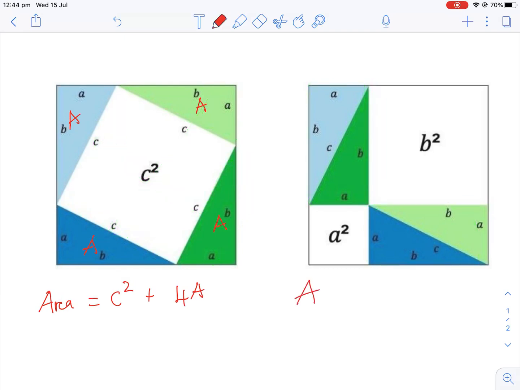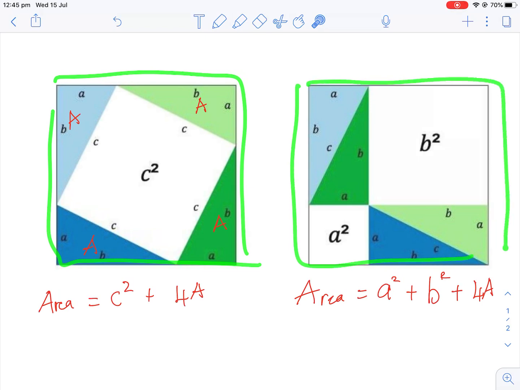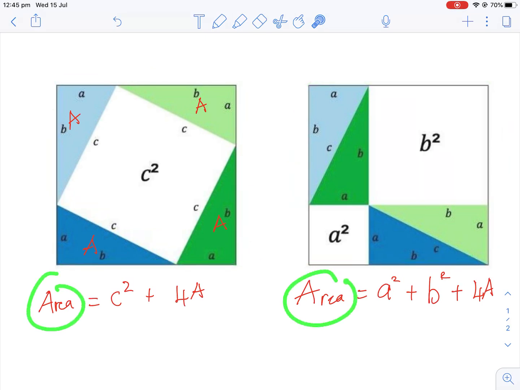And the area of this big square equals A square, which is this little square, because this little square has the side length A, and the second little square has the side length of B. So it equals A square plus B square plus the area of these 4 triangles, 4A. And because this one and this one are exactly the same, this area equals this area.